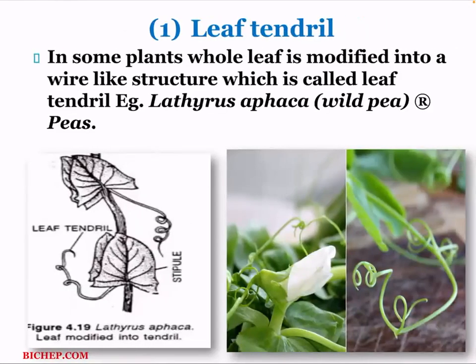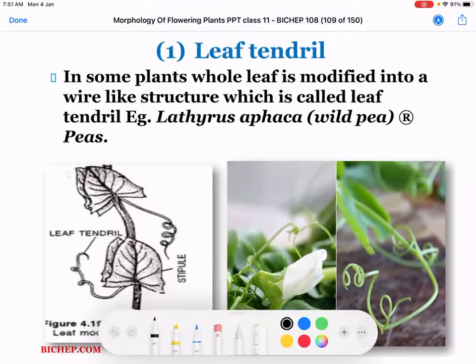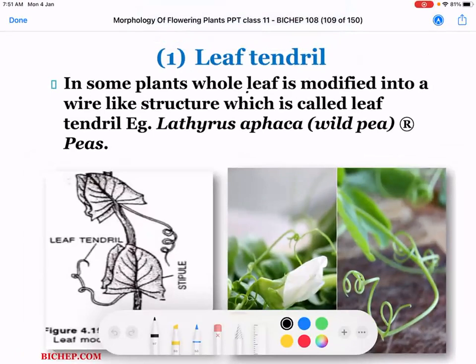Number one, tendril, which is found from leaf, so it is called leaf tendril. When the leaf is modified into a tendril, it is called leaf tendril. Here the leaf is modified into a wire-like structure, which wraps around the support, helping in climbing.